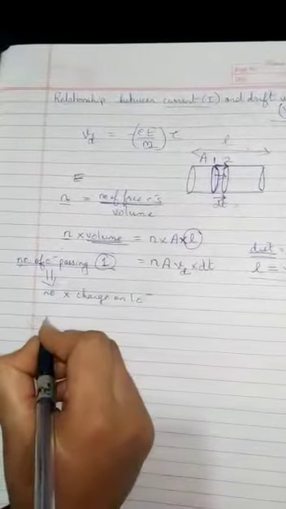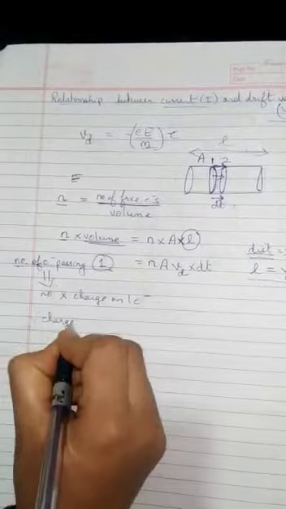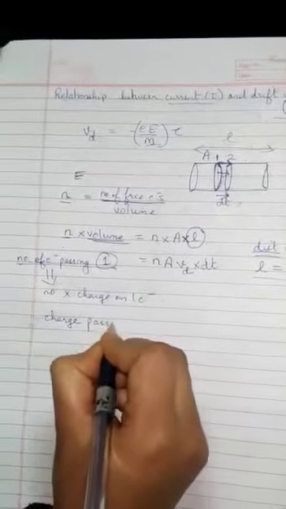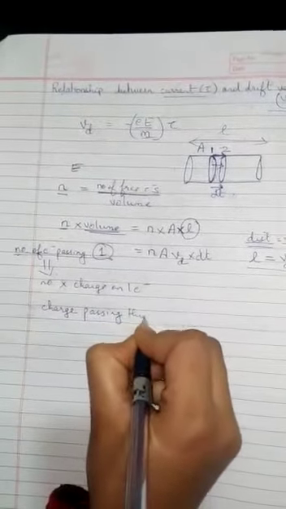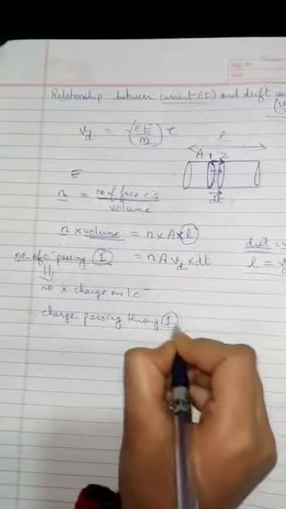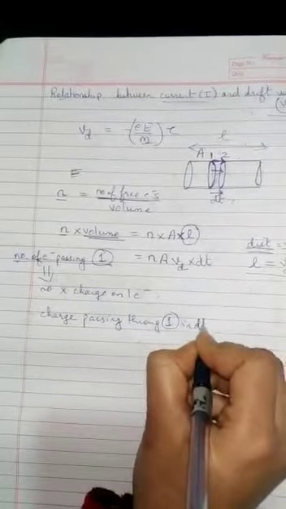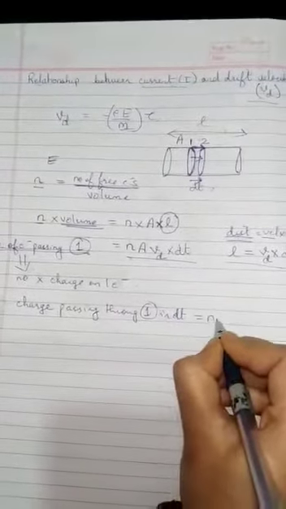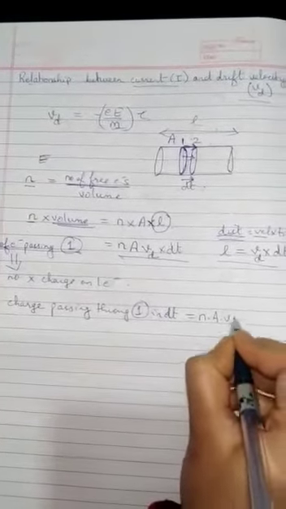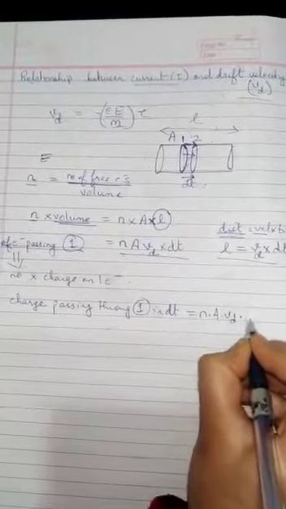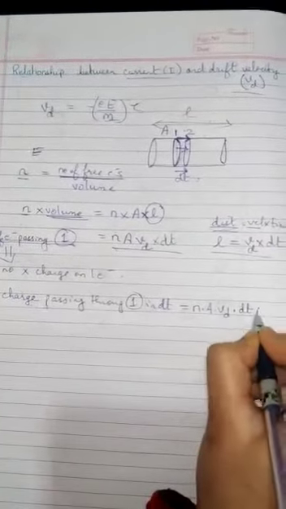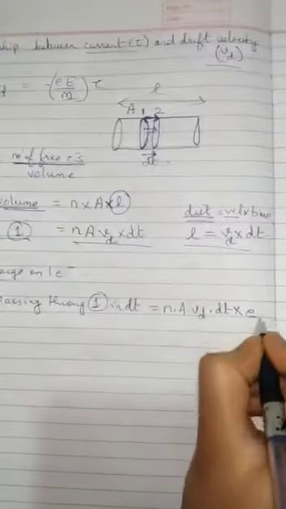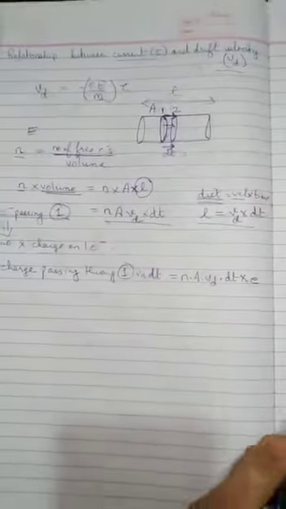Alright, so the total charge passing through 1 in time interval dt is given by the number we had as N into A into Vd into dt into the charge on one electron, which is nothing but e. e is taken as a charge on one electron.